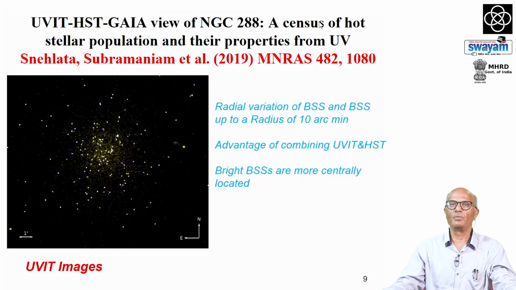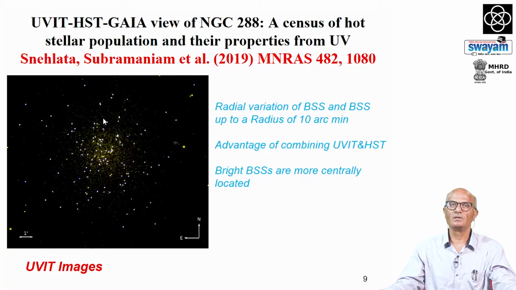The title of the paper is a census of the hot stellar population and their properties from UV. In the central region, optical information has been taken from HST, proper motion information from Gaia, and UV and near UV information from our ASTROSAT UVIT.